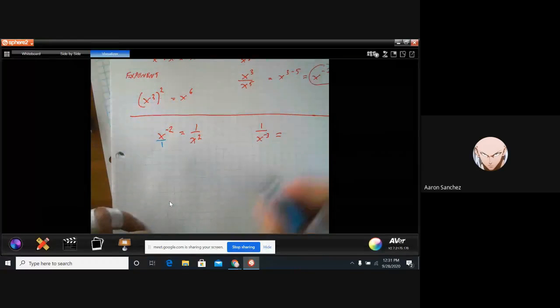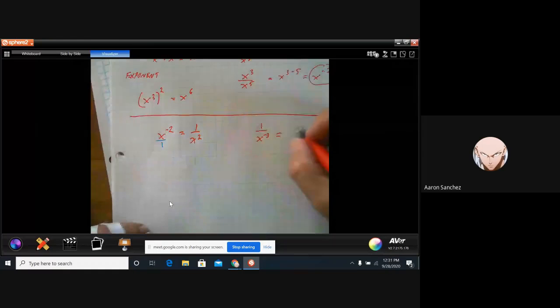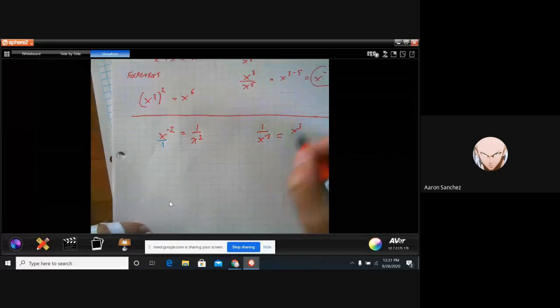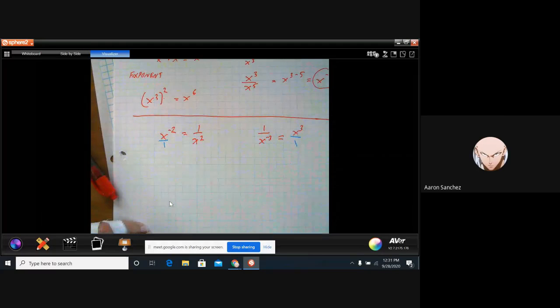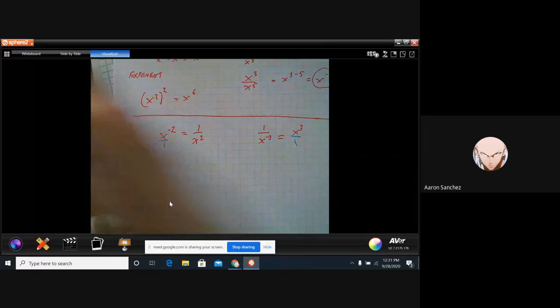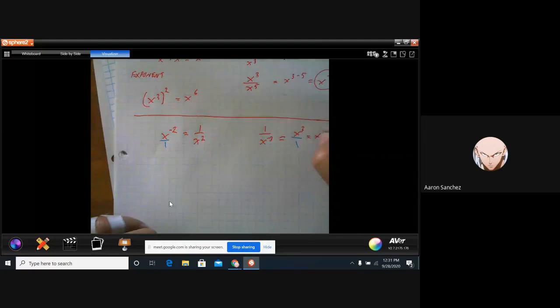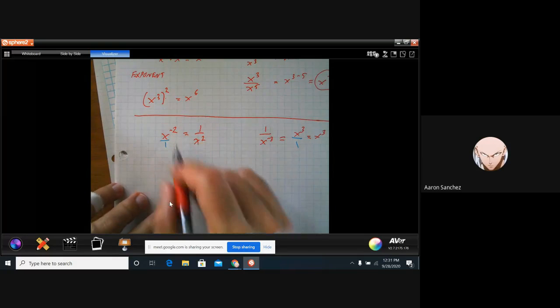So this would be x to the positive 3. You just remember that there's an imaginary 1 underneath it. You're really doing the reciprocal, but it's really x to the 3. You wouldn't write x to the 3 over 1. So that's a negative exponent.